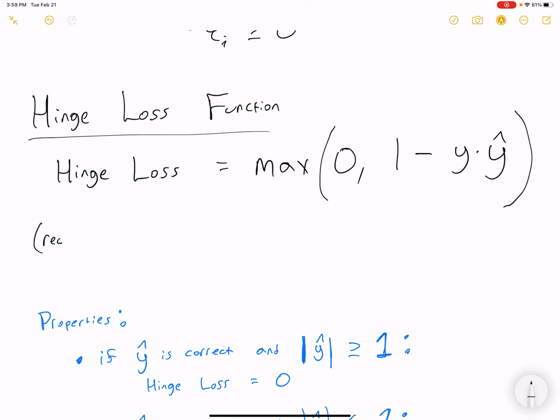So recall that y hat is the predicted value, and y is the actual value.